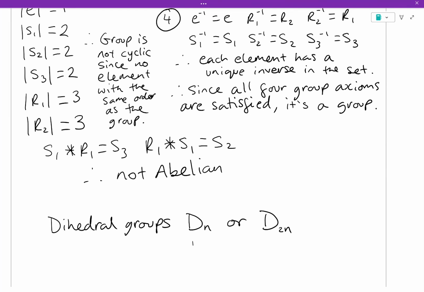So we could call this one D3, or we could call it D6, which is a bit confusing, because there are essentially two conventions for this. I think the one that's more commonly used is this one here, but you don't have to worry about this notation, as I don't think it will actually come up in the exam. But a dihedral group is just a set of symmetries, including rotations and reflections, of a regular n-sided shape.